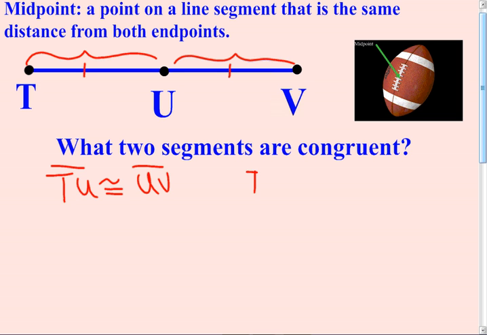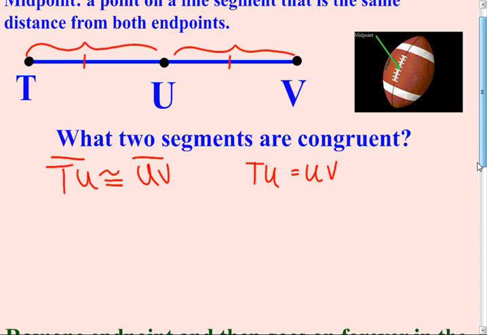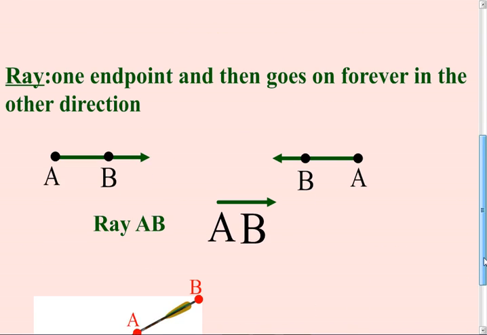The distance from T to U equals the distance from U to V. You might say, I'm going to meet you halfway from one end of the mega mall to halfway to the other end of the mega mall, which puts you probably on the Snoopy ride, the roller coaster ride someplace. Who knows? No, I've been there for a while. Okay? So that's midpoint. Divides the segment into two equal segments.